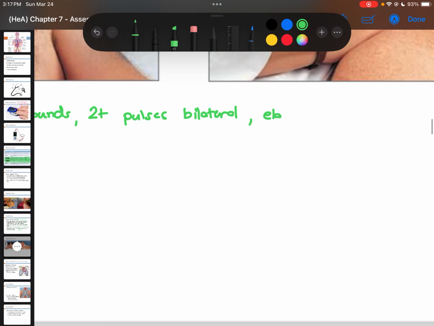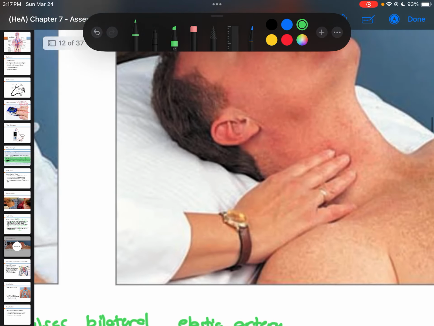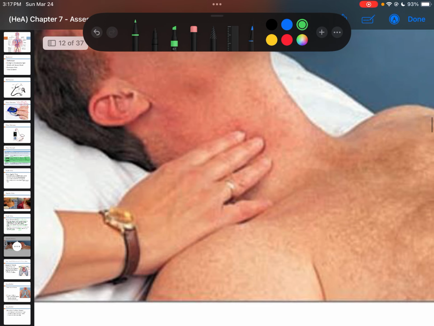Next is elastic arteries. That is also normal. When we say elastic artery, what we mean is that when we palpate and move our fingers from side to side, we can also move the arteries. Actually, you can test this right now with your hands.